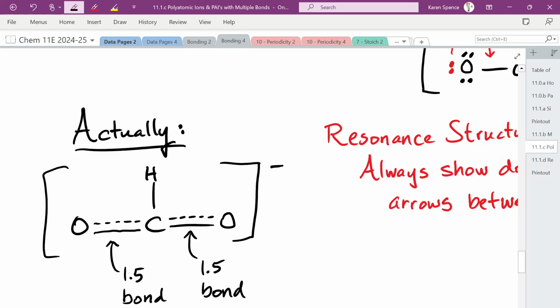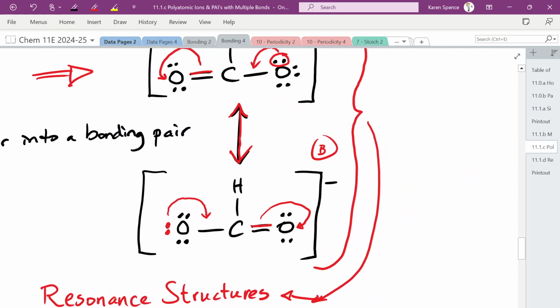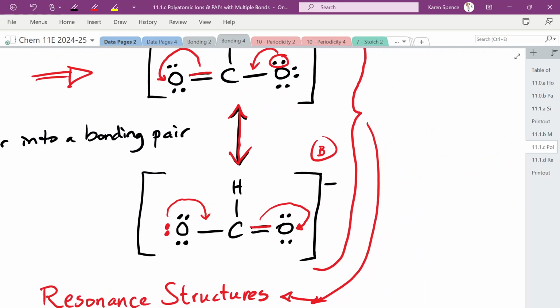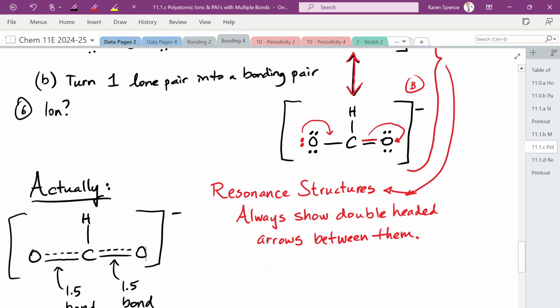And that's why when we're drawing Lewis structures, in order to correctly show the number of electrons, we show the resonance structures as going back and forth, even though it's really a mixture of the 2. We're really going to learn about that more on Friday, but for now, you've had a little introduction to resonance structures. You now know how to do polyatomic ions.